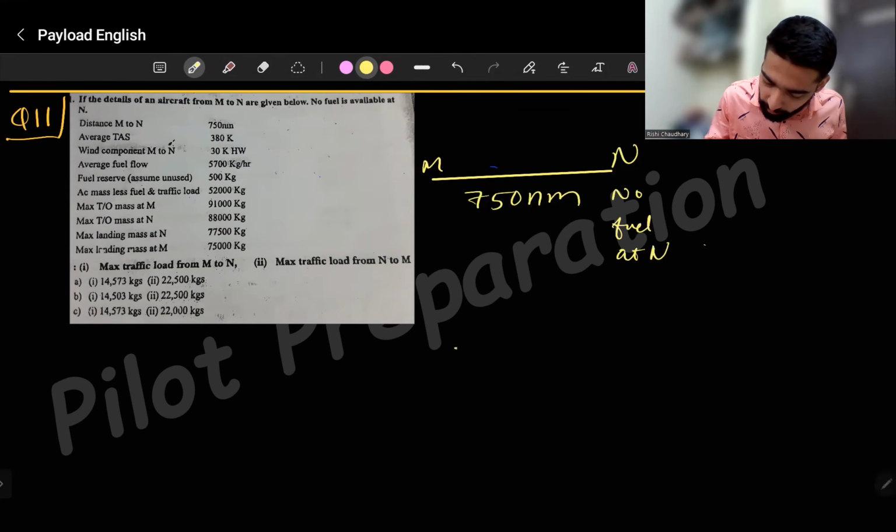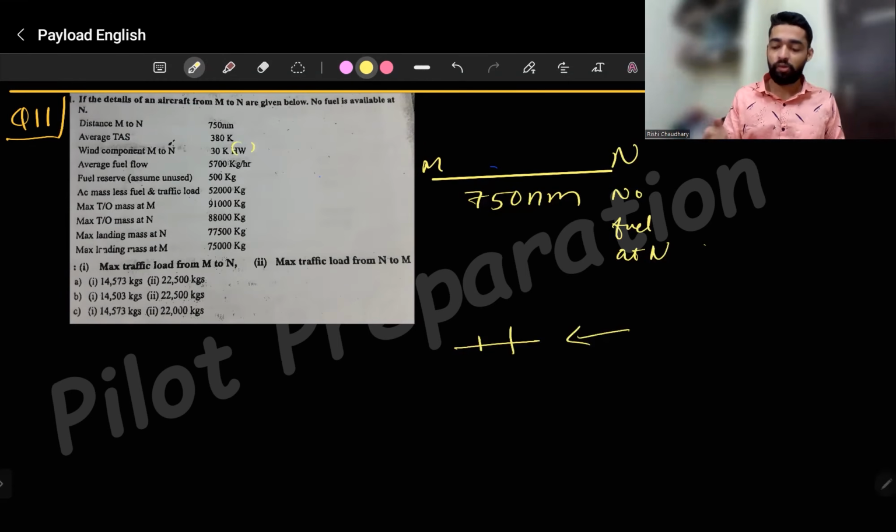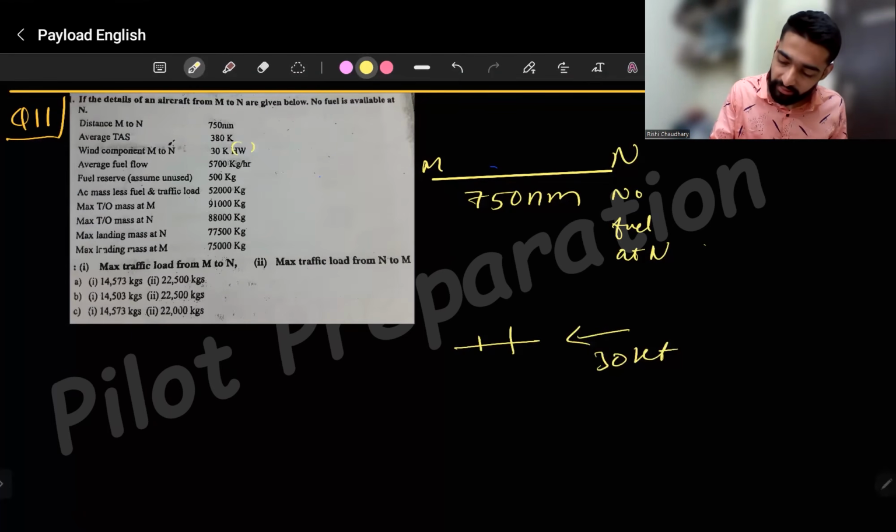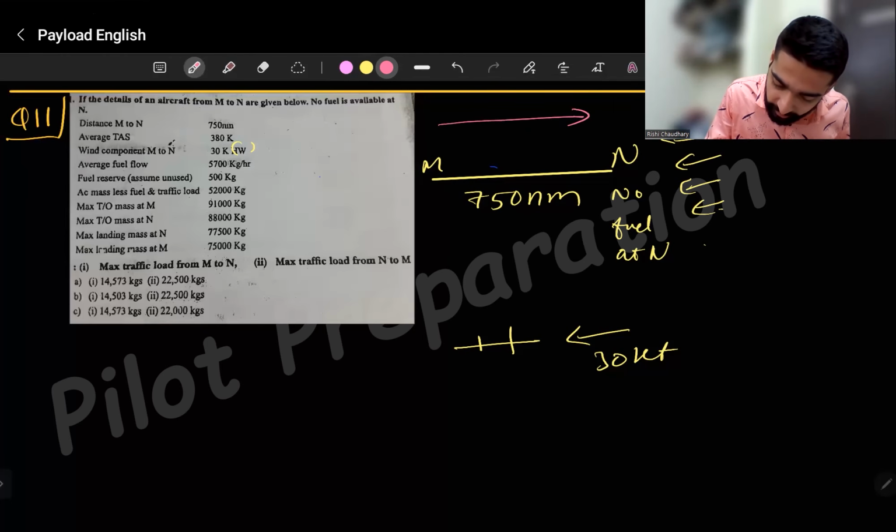Just imagine if I'm going from this to this, and it is saying that wind component from M to N is 30 knots HW. HW means headwind. So that means the nose of the aircraft is facing a 30 knot headwind. So if the wind is flowing in this direction, the speed of the aircraft in this direction will be 380 minus 30 headwind.